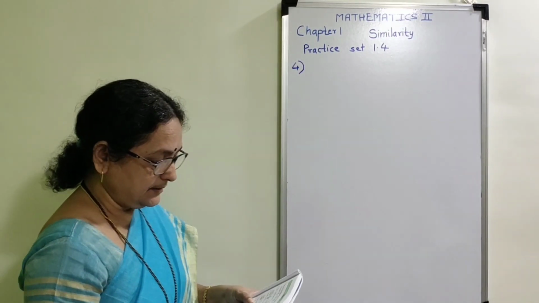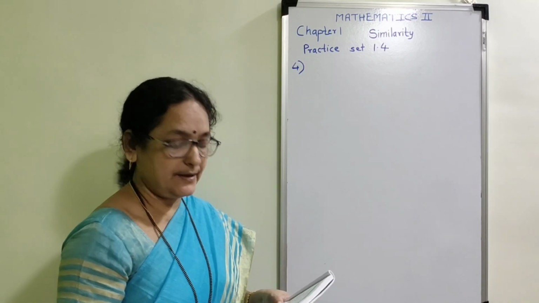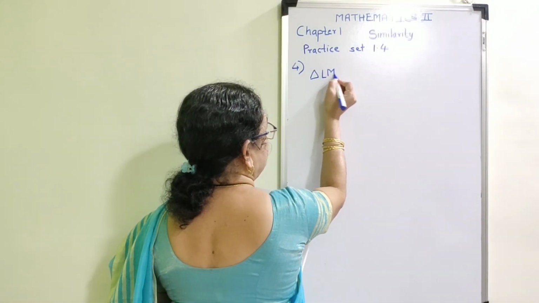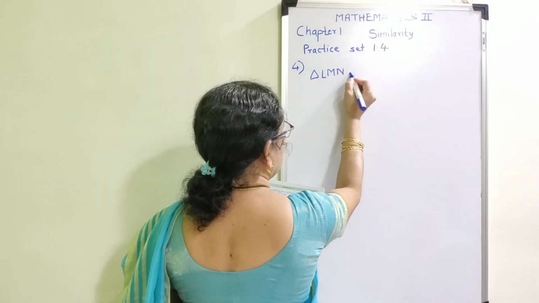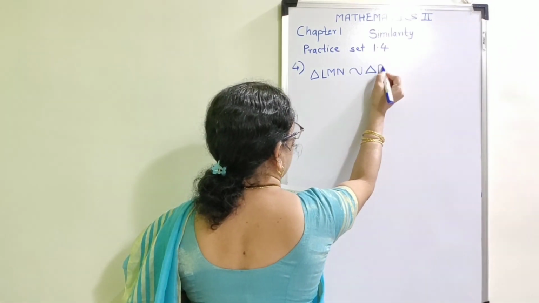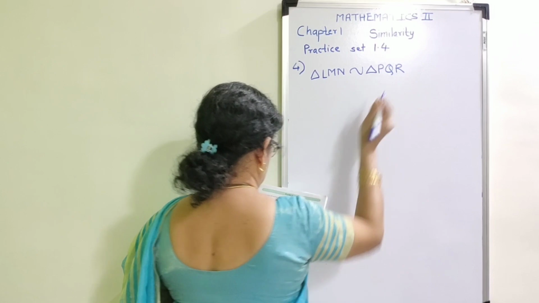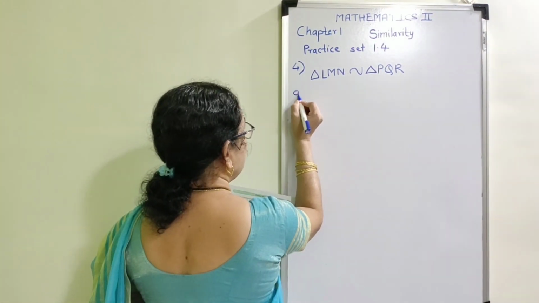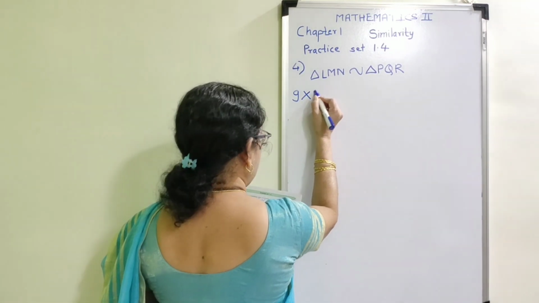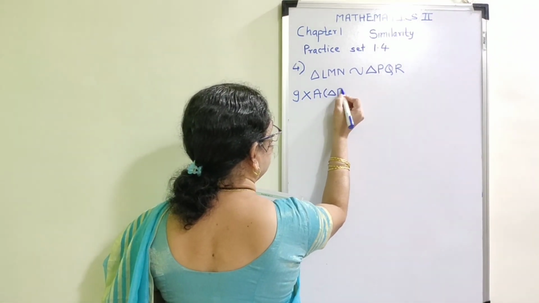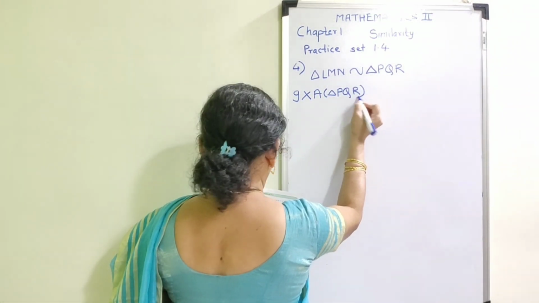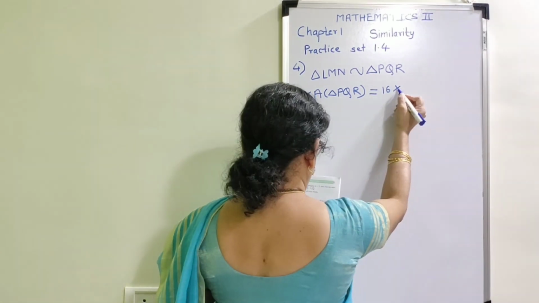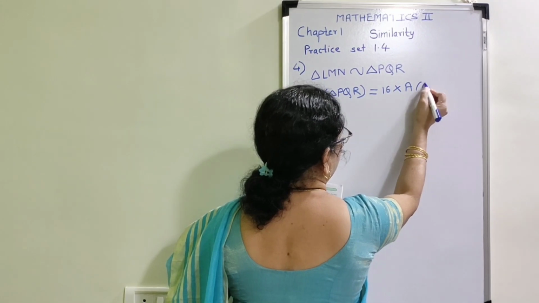In this example, they have given first of all a pair of similar triangles. Triangle LMN is similar to triangle PQR. Secondly, they have given that 9 into area of triangle PQR is equal to 16 into area of triangle LMN.